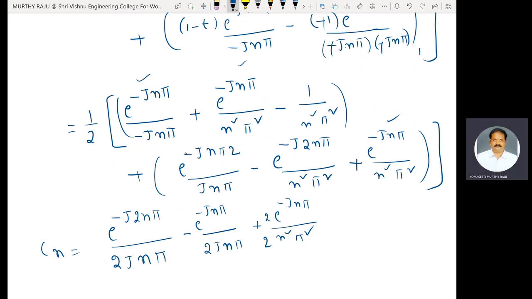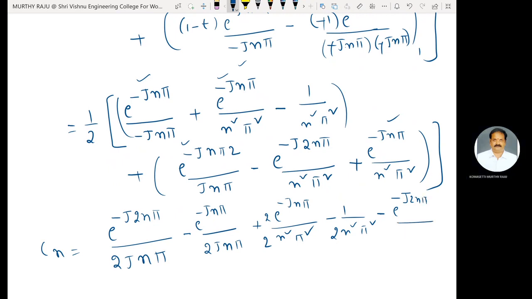This one is completed. The remaining terms are 1 by 2n square pi square and minus e power minus j 2n pi by n square pi square. This is the Cn.